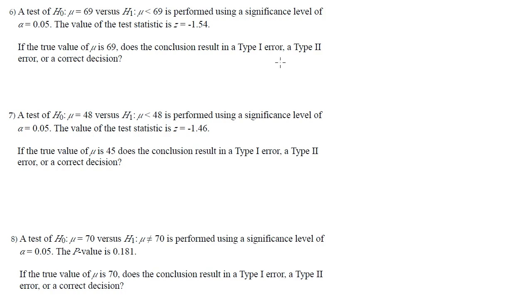So I'm going to go to my table, because remember the table gives us the area to the left, and this is a left tail test because this is saying that the mean is less than 69. The alternative hypothesis says that the mean is less than 69.